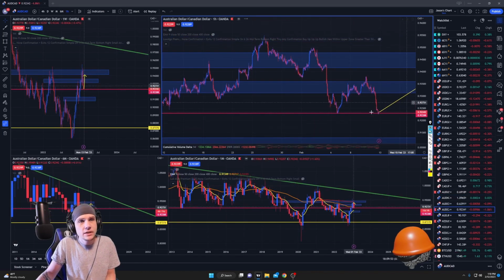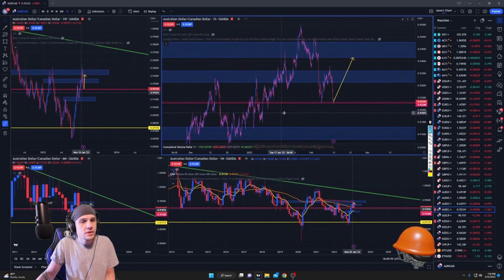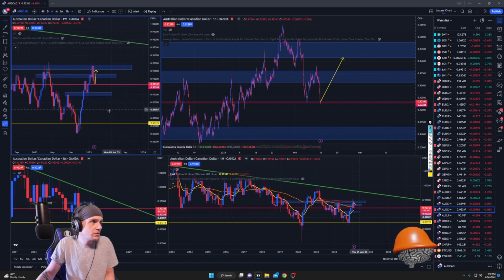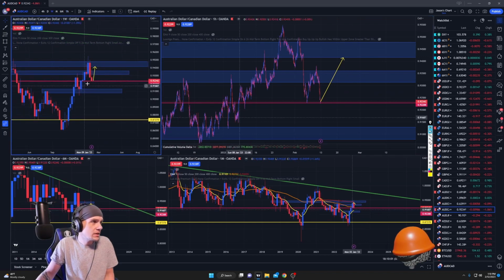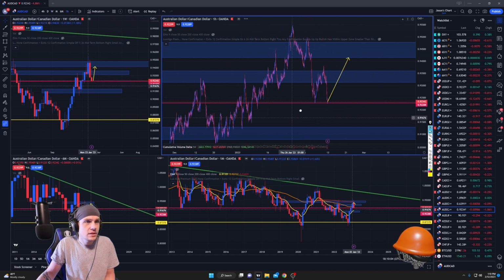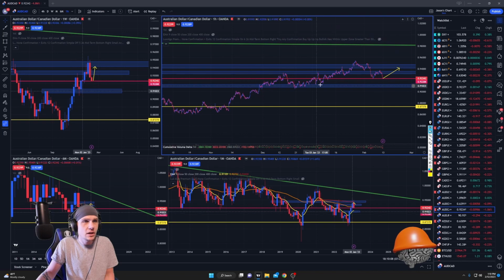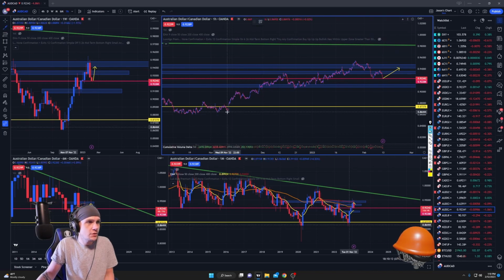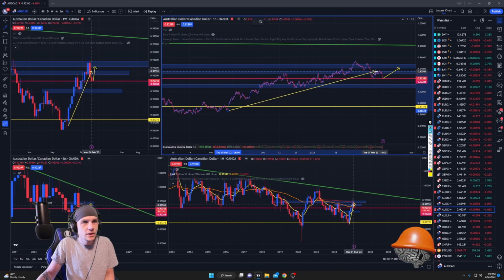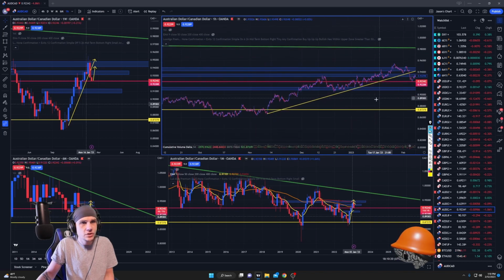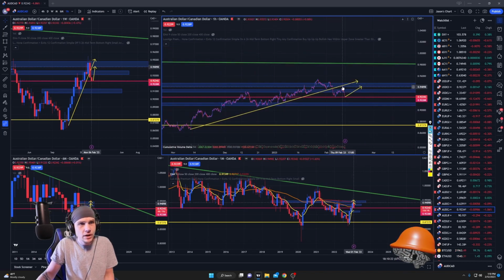Aussie CAD, same thing. We could be reversing, but it looks like the trend overall is up. Here's the only thing though, if you do this trend line from here to there, you have a touch there, and it looks like it broke out.